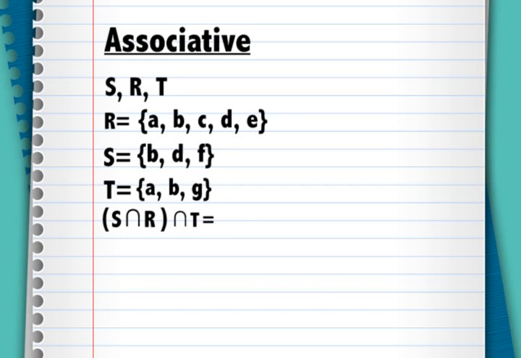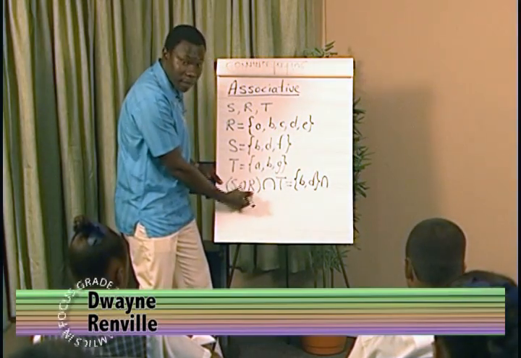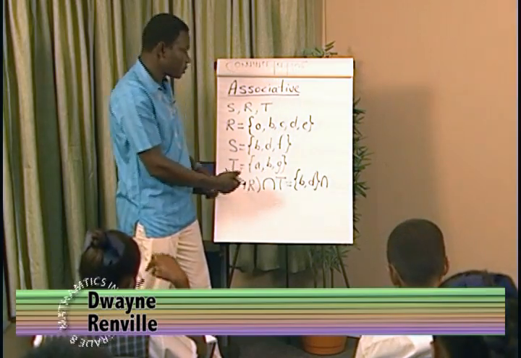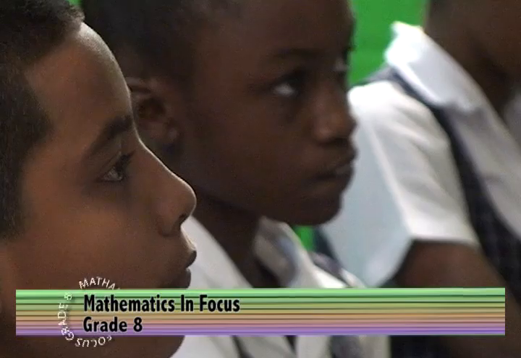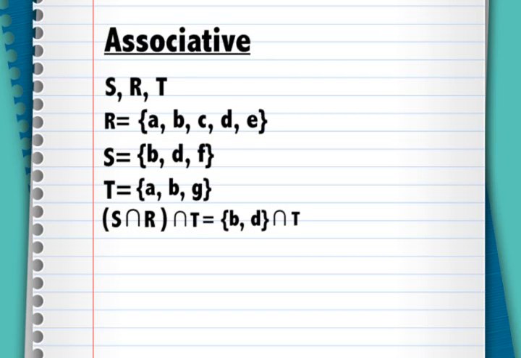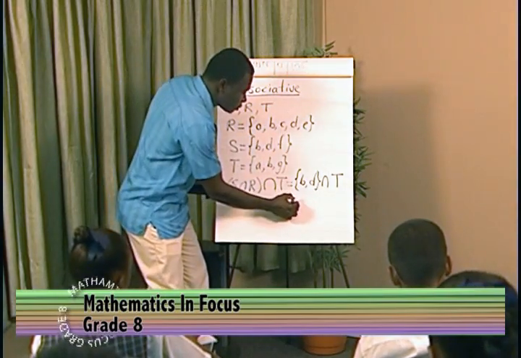B and D. Are we sure? S intersect R, B and D, good, correct. So we want this set to intersect T now, because this set represents this part of this statement here. So we have S intersect R, which is {B, D}, and this must now intersect the set T. Now we see what this is equal to.